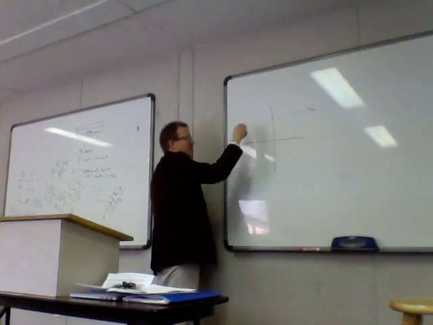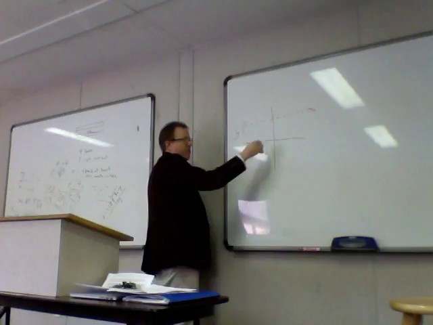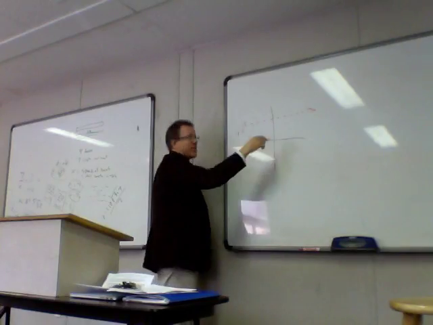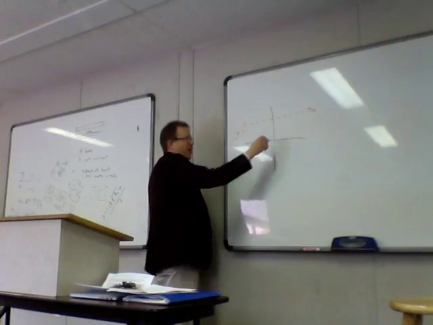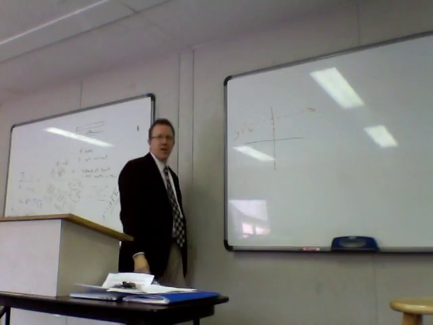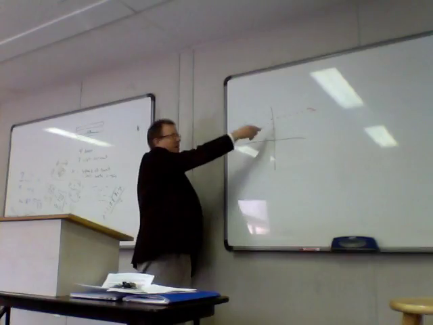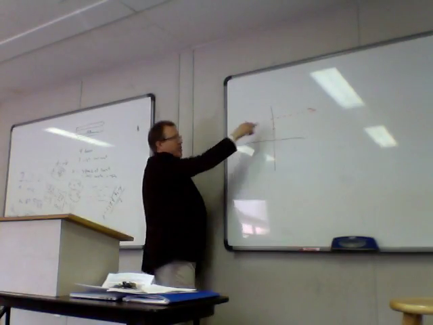Y equals, in this case, what's it look like? Well, y equals 0 would be the x-axis, so what's this line? Well, let me draw a scale for you then. Let's say y equals 4 for this scale. So y equals 4 is going to be this line.